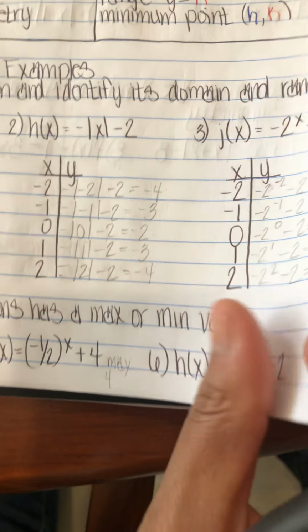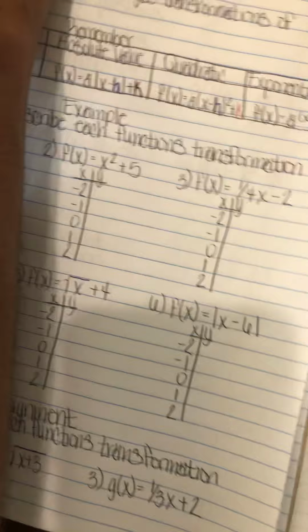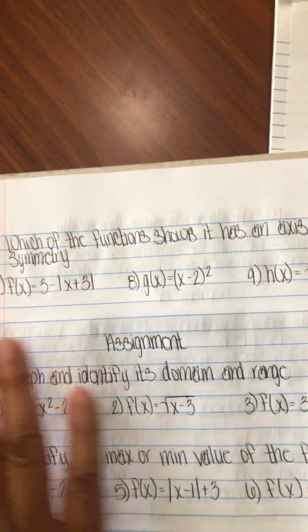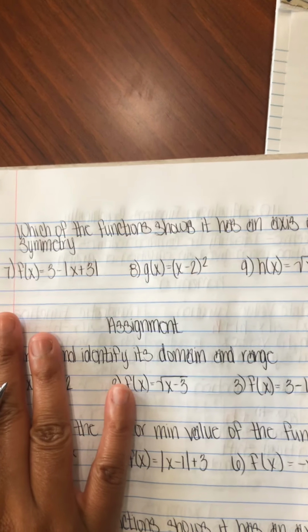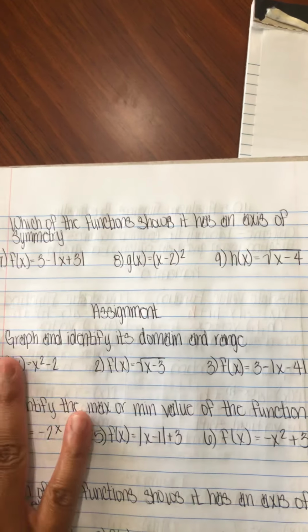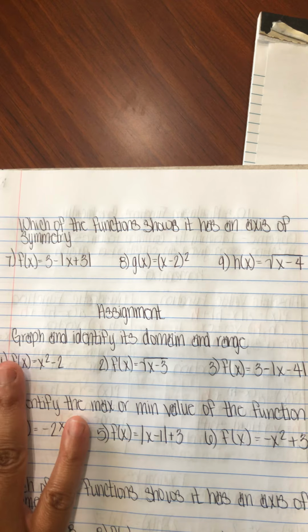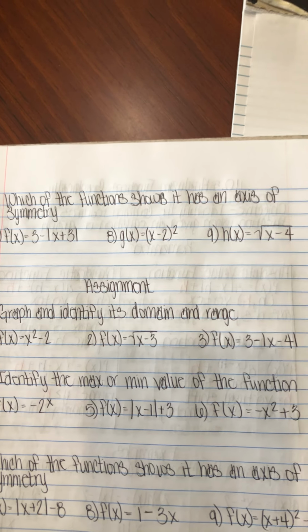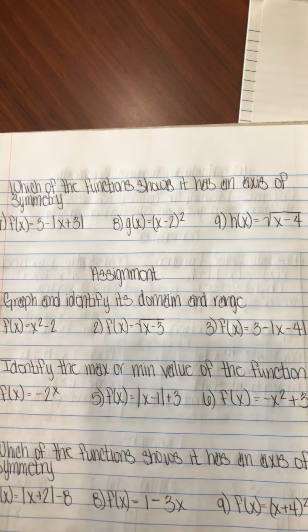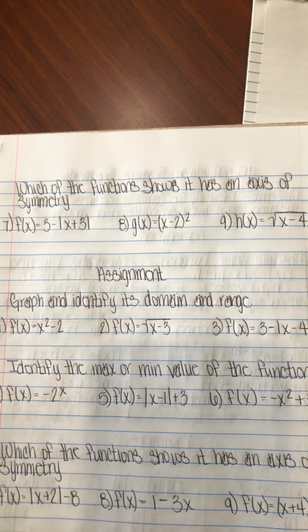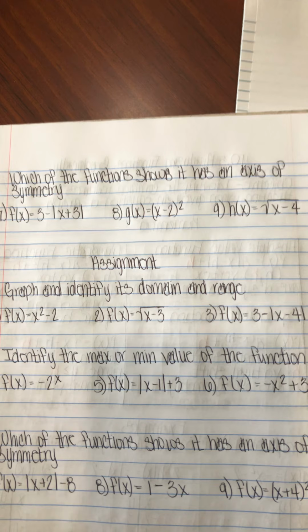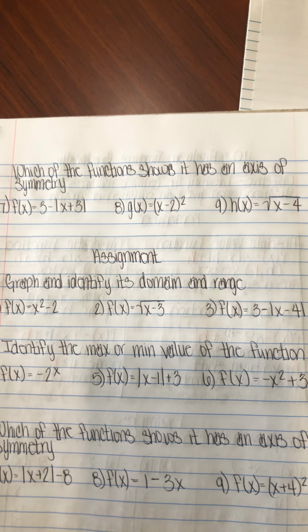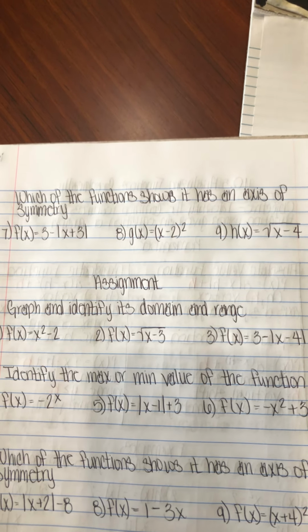All right, next one. Axis of symmetry. Keep in mind, for your axis of symmetry, the only ones that have an axis of symmetry are going to be your absolute values. So as soon as you see absolute value, you automatically know that it has the axis of symmetry. And the other one that has the axis of symmetry will be your quadratic functions.